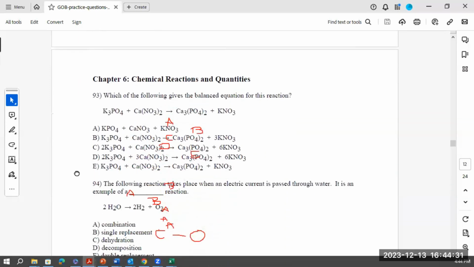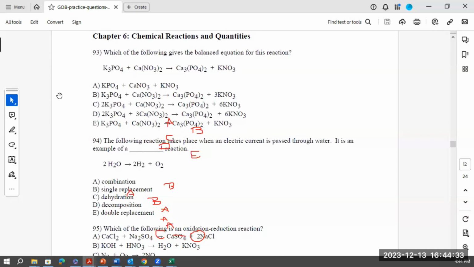Ooh, chemical reactions. Okay. Which of the following gives the balanced equation for this reaction? You guys agree? Okay. So let's see.